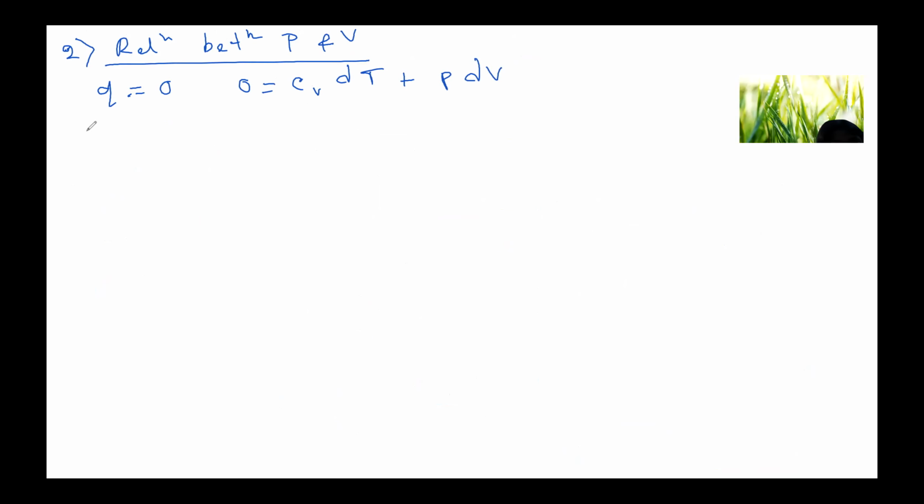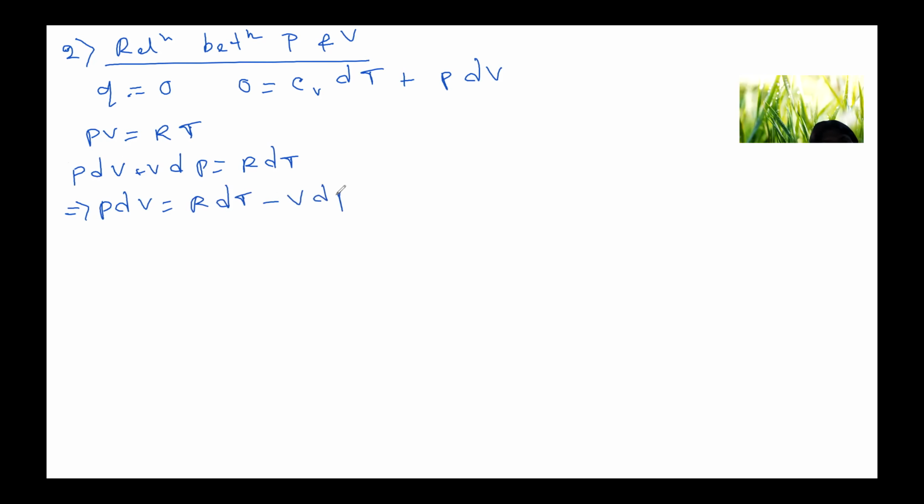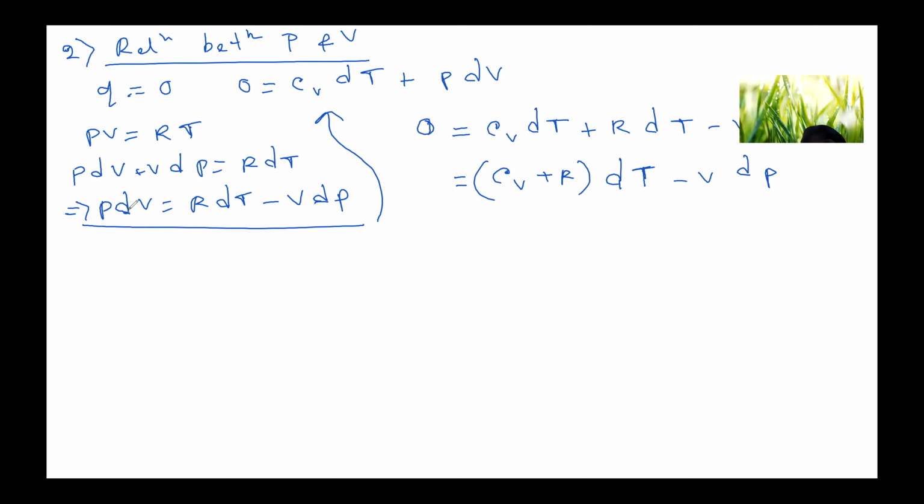We know PV equals RT, the ideal gas equation. If I take the differential, it will be P dV plus V dP equals R dT. So for P dV we can write R dT minus V dP.